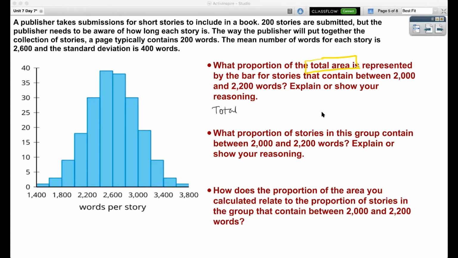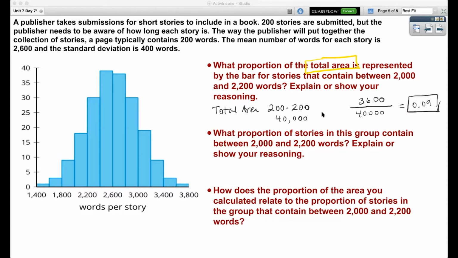I would take that number 200, bars that are 200 wide, and multiply it by 200, that would be 200 tall when stacked. That's going to give me 40,000. So if I'm looking for the proportion of the total area that's represented by the bar for stories that contain between 2,000 and 2,200, I would take that number I figured out from before, that 3,600 area, and divide that by 40,000. This is going to give me 0.09.